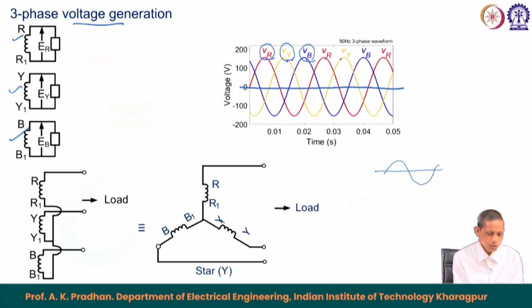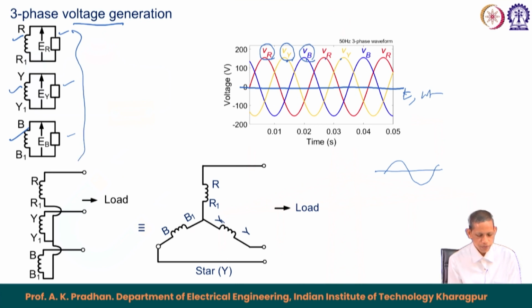Let us consider this one phase here, another phase here and a third phase here. They produce the voltage simultaneously, as shown here. If this is your time axis, or the omega t axis, the voltage waveform becomes like this. The point here is that these three windings, three phases, can be connected in different ways.